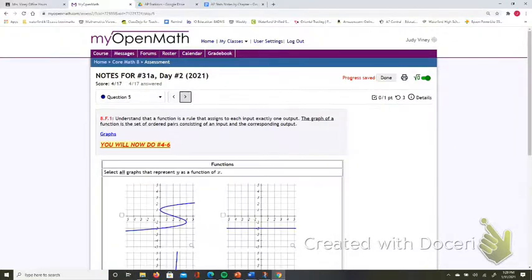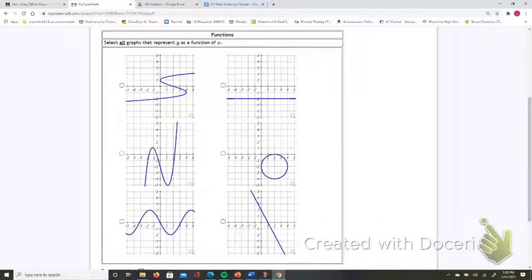Okay, number 5, do the same thing. I want you to pause the video, see if you can figure out which ones are functions, and then start the video again. So now that you've started the video again, not a function. Yes, it's a function.